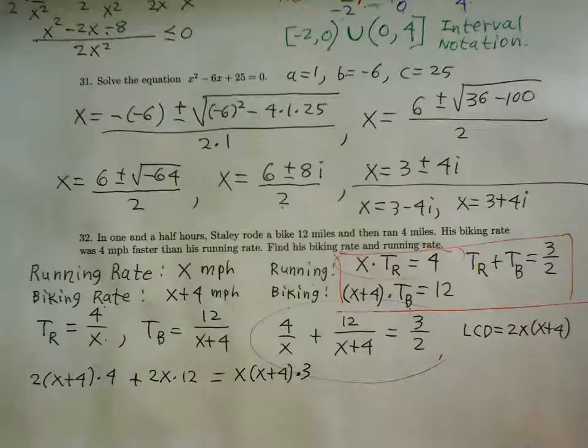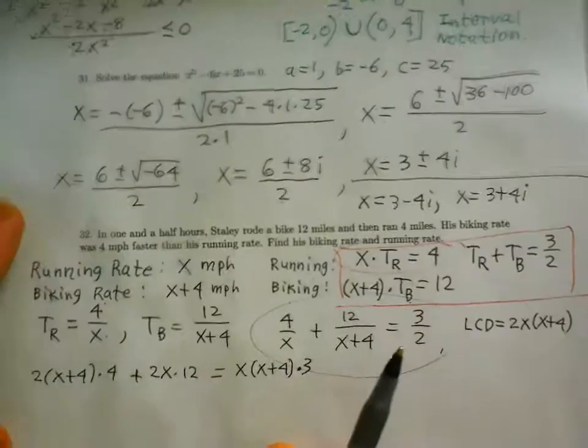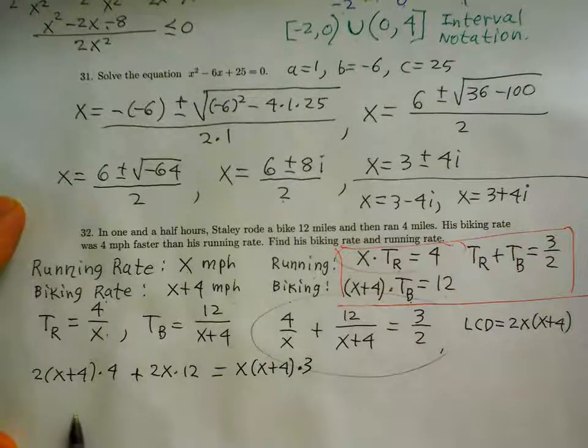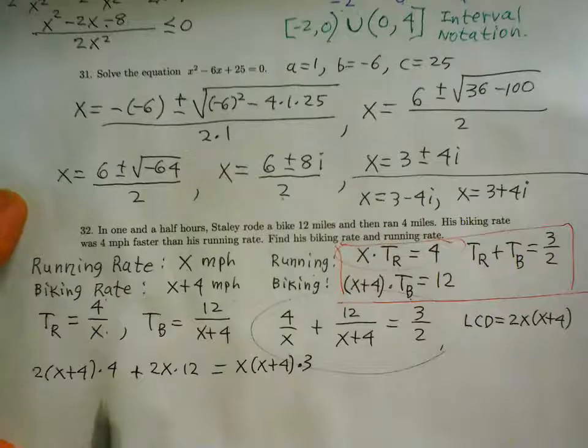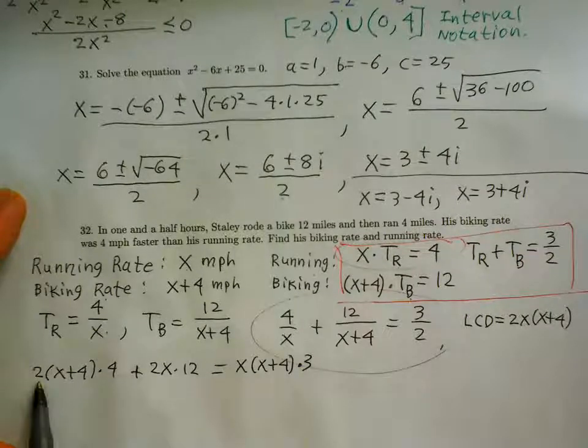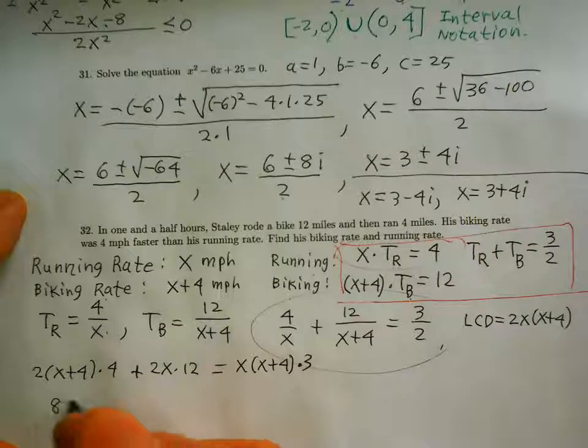Okay, what we have is a quadratic equation. So we'll multiply everything out and set one side equal to 0, and then solve the quadratic equation. So this first term, notice if we multiply 4 times 2, we get 8. And then 8 times x plus 4 is 8x plus 32.